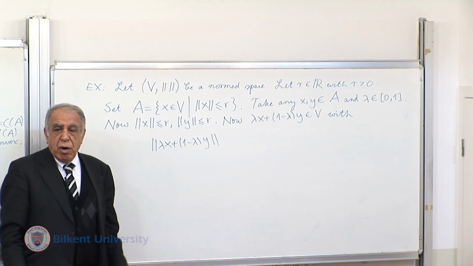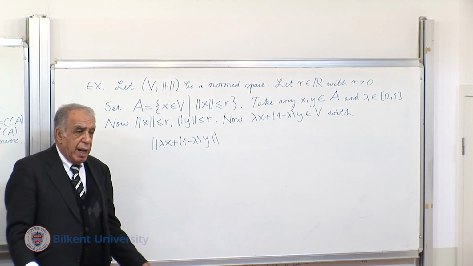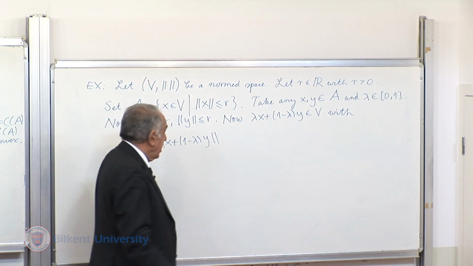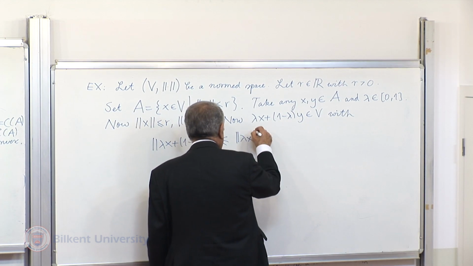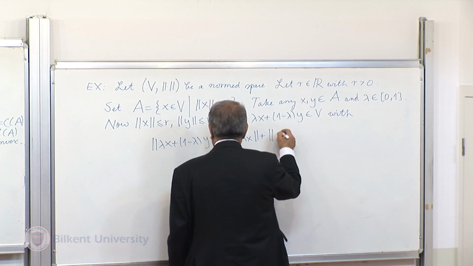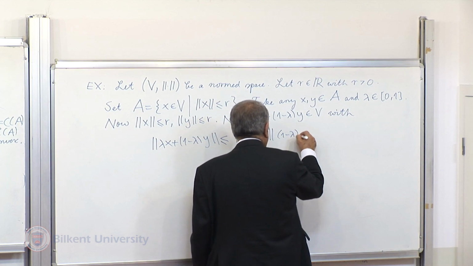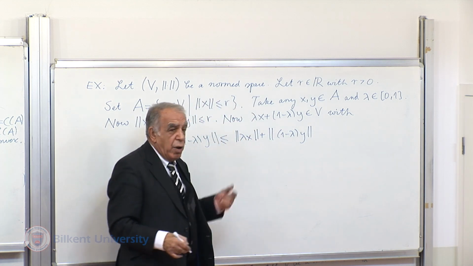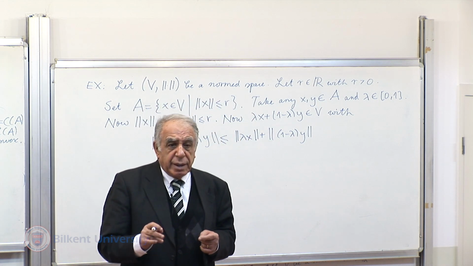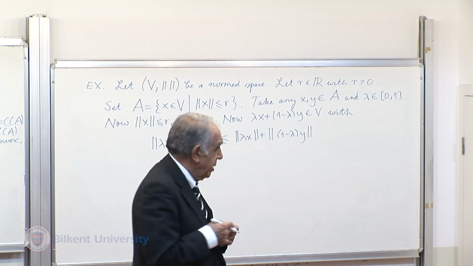But since this is a normed space, the triangle inequality holds, and we know what happens to the norm of a scalar product.